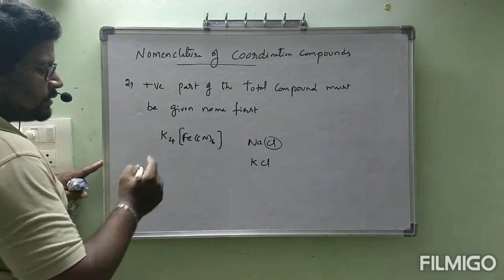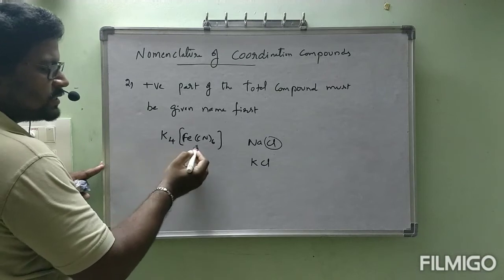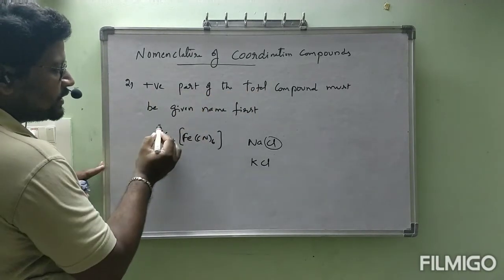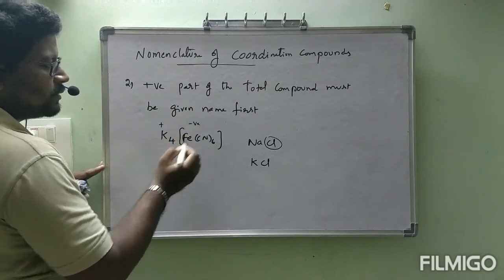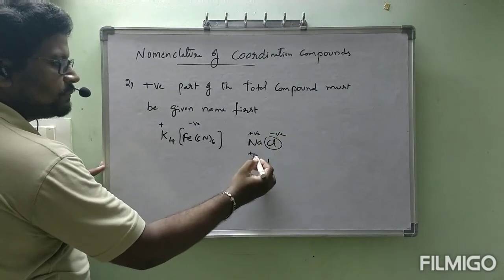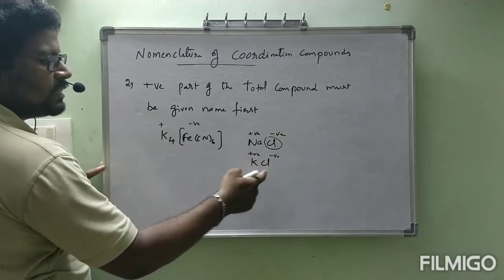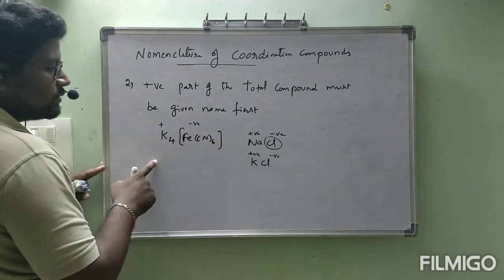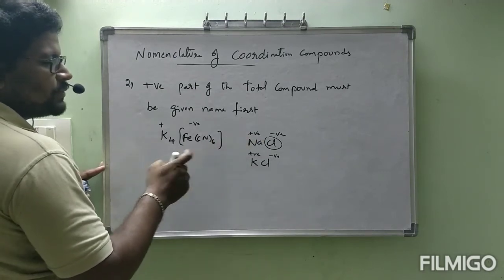Then I am writing two parts. See, positive part of the total compound. This is positive, this is negative. Generally we will write first positive, next negative, every time. See, KCl, K plus Cl minus, NaCl, Na plus Cl minus. Like this here also, K plus and the total complex negative charge.